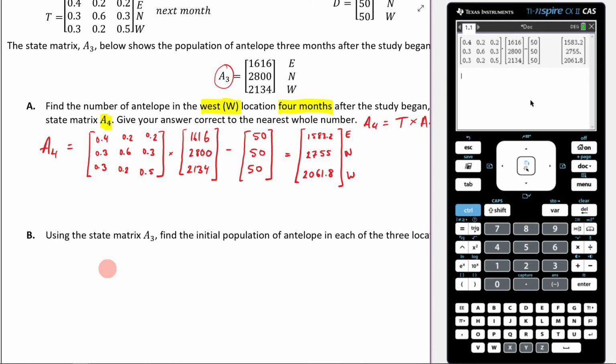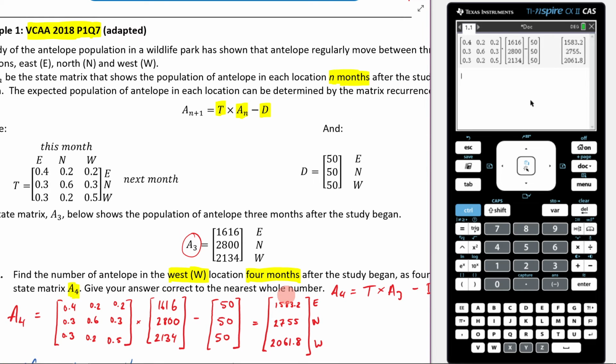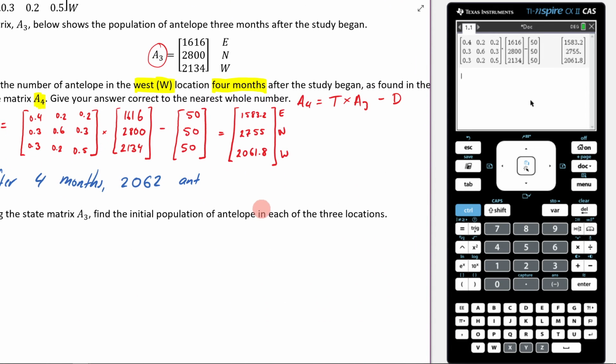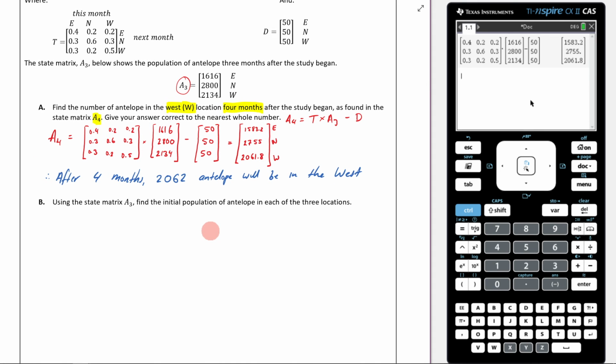So, therefore, after 4 months, 2062 antelope will be in the west. And that's because we're just reading that number there. All right, that's how you do it.